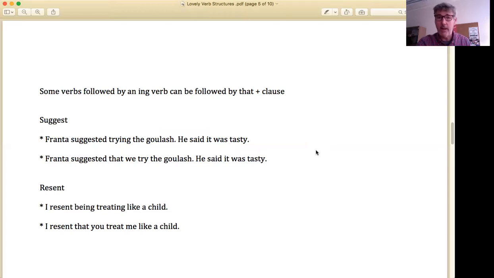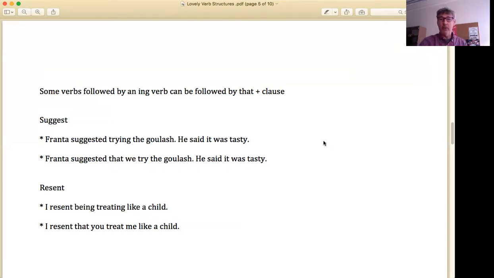Not all of them, but a lot of them. So for example, suggest is a gerund verb. Normally it takes a gerund. Francis suggested trying the goulash. He said it was tasty. But suggest usually takes a gerund, but we can also add this clause, that plus a clause, if we want to. Francis suggested that we try the goulash. He said it was tasty. Suggested that we try, okay?